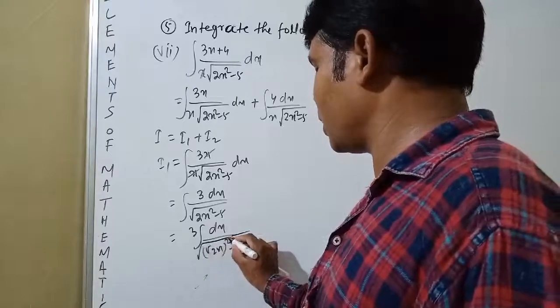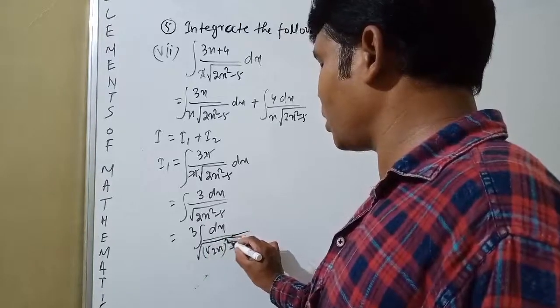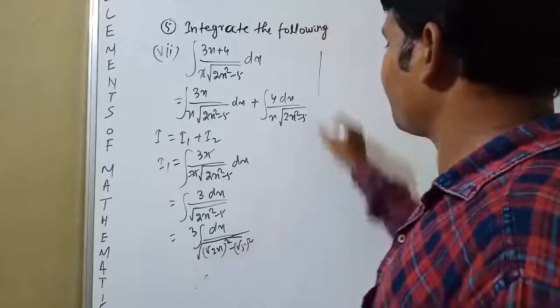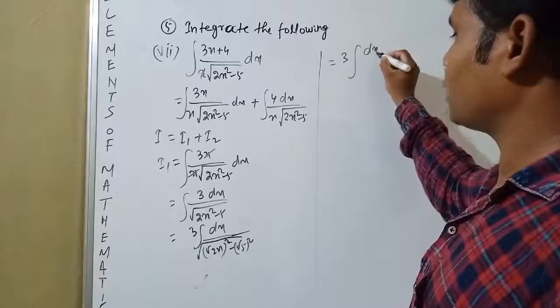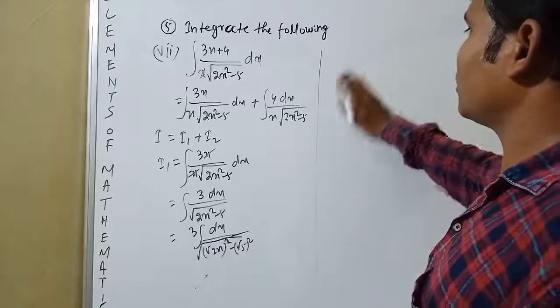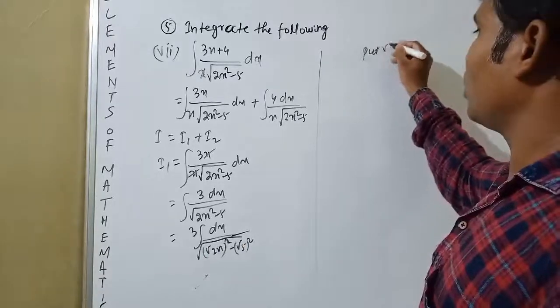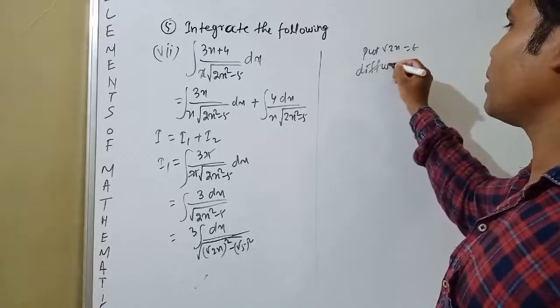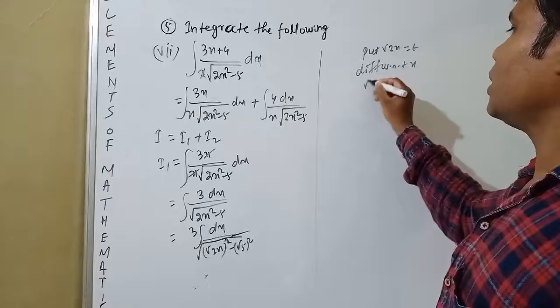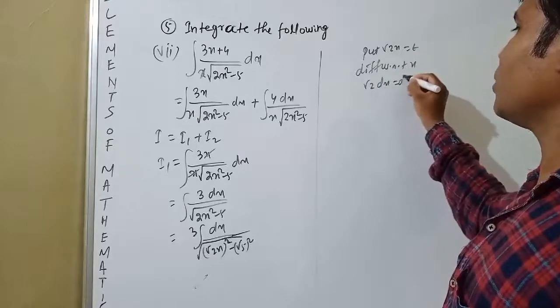Okay, is equal to 3 integration of dx by, here you put root 2x is equal to t. Okay, differentiate with respect to x, that is root 2 dx is equal to dt.